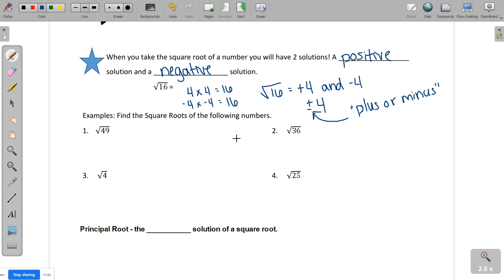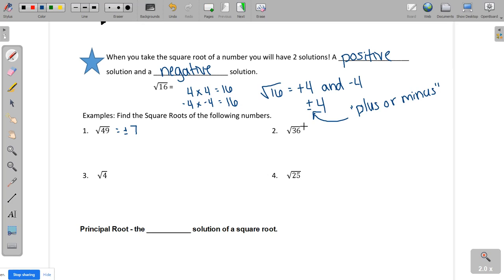So let's go through some examples. The square root of 49. What times itself gives you 49? That would be 7, but we have two solutions of plus or minus. So plus or minus 7. I want you to do the next 3, then come back and check your work. Okay, let's check it.